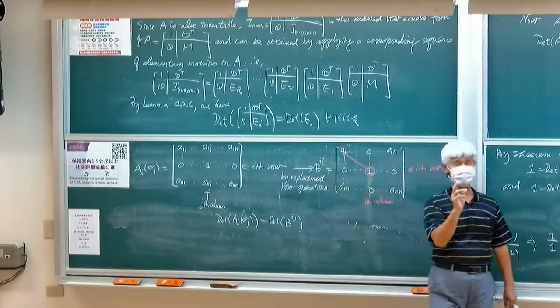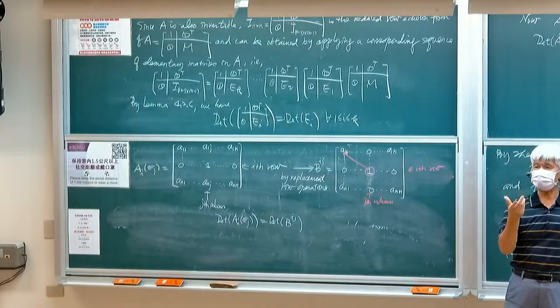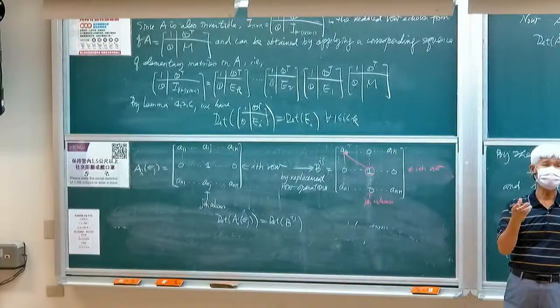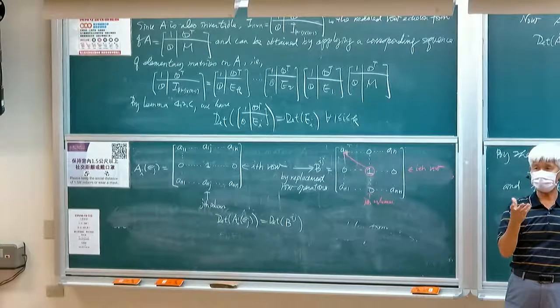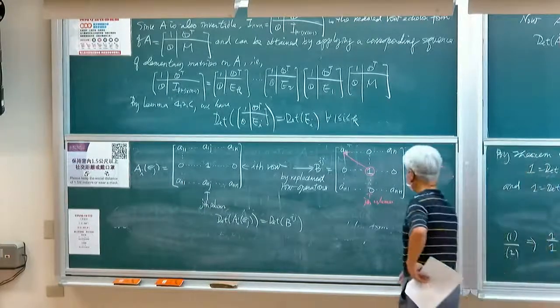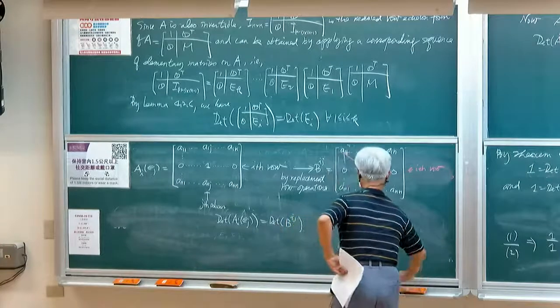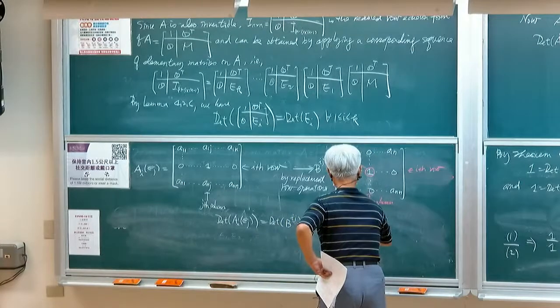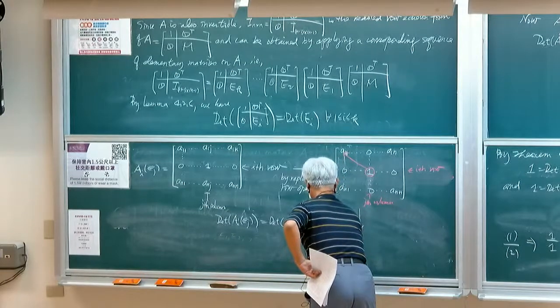But doing the row exchange, every time you change the sign, and doing the column exchange, you also change the sign, right? So that they go to what? Goes to this matrix.